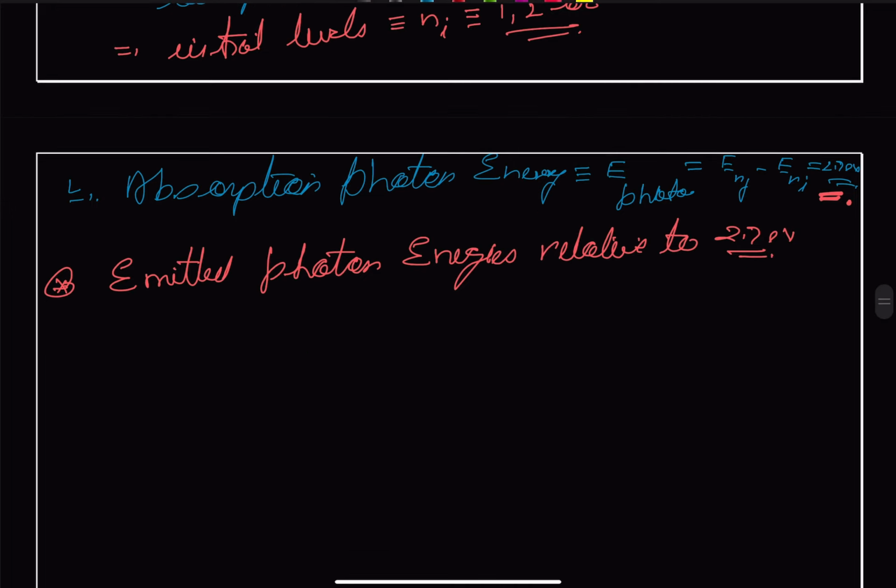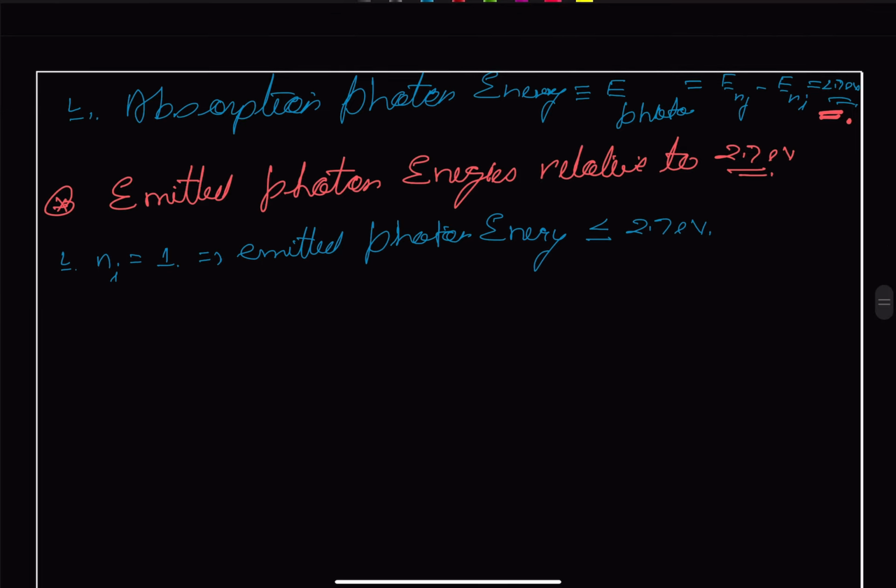For the first initial level, Ni equal to 1, the emitted photon energy will be less than or equal to 2.7 electron volt.